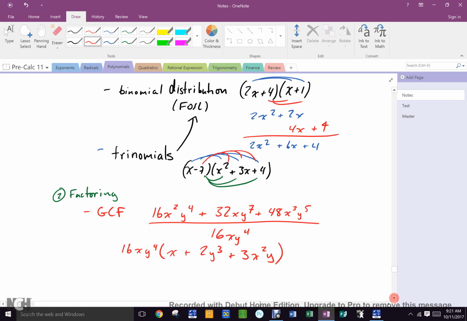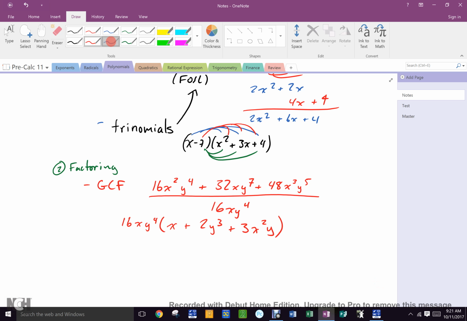Flavor 1. Flavor 2. Trinomial, where a equals 1. That is x squared plus 7x plus 12. What's that? Multiply to 12, add to 7. What is it?